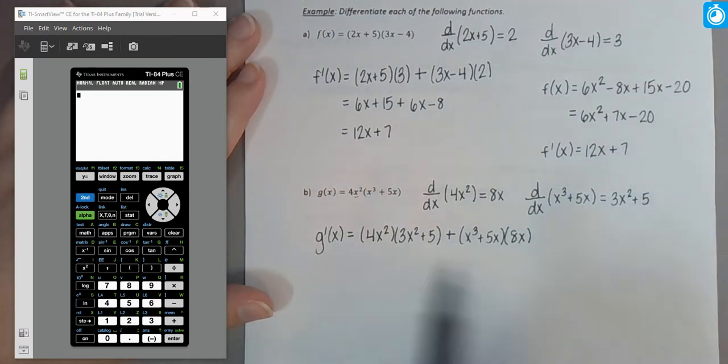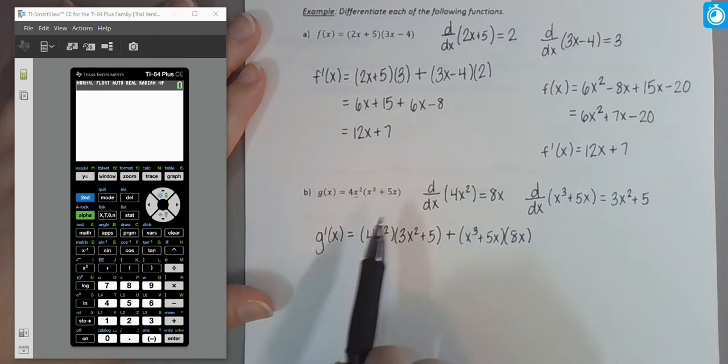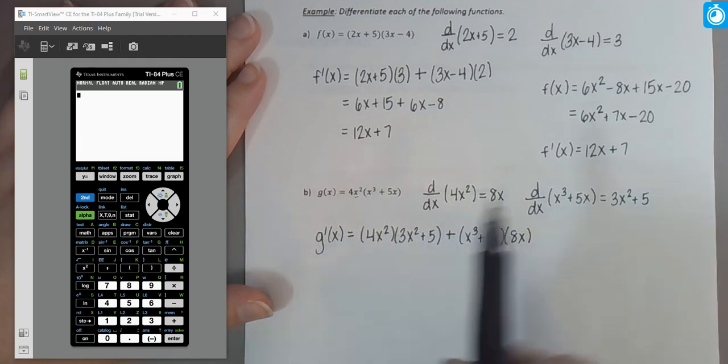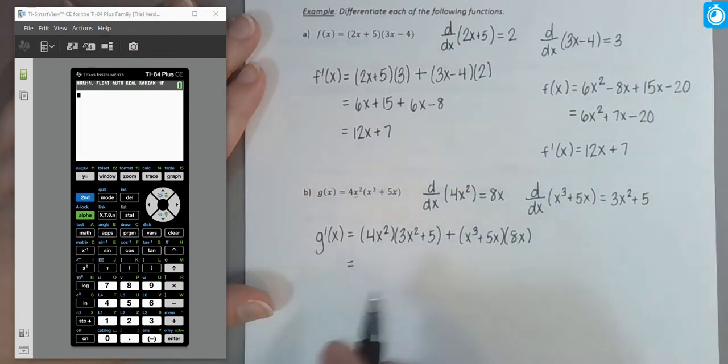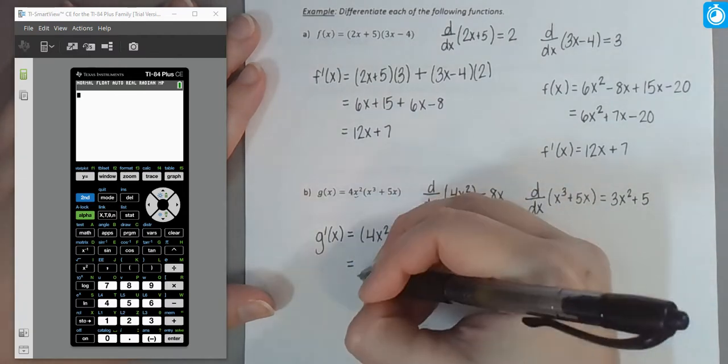Okay, now as before, we need to distribute. So the first term, we're going to distribute the factors from the front. The second term, we're going to distribute from behind. So 4x squared times 3x squared. Well, 4 times 3 is going to give me 12.